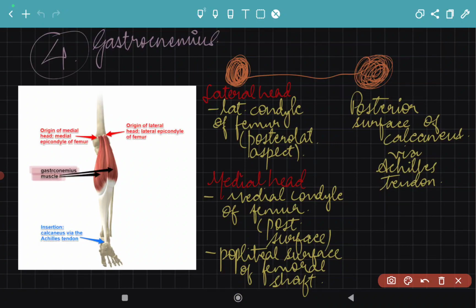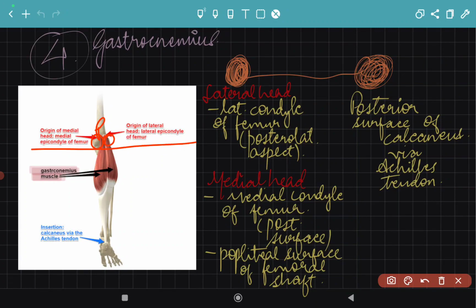Next comes the gastrocnemius. We all know it has two heads, lateral head and the medial head. So the lateral head is coming from lateral femoral condyle, posterolateral aspect, and the medial head comes from the medial femoral condyle, posterior surface, additionally also from the popliteal surface of the femoral shaft. So lateral femoral condyle, medial femoral condyle and the popliteal surface of femoral shaft.